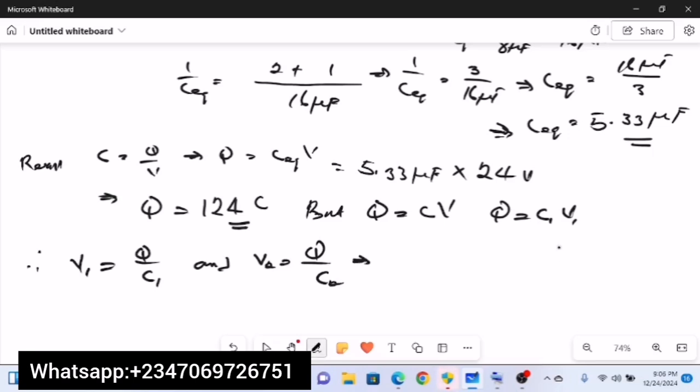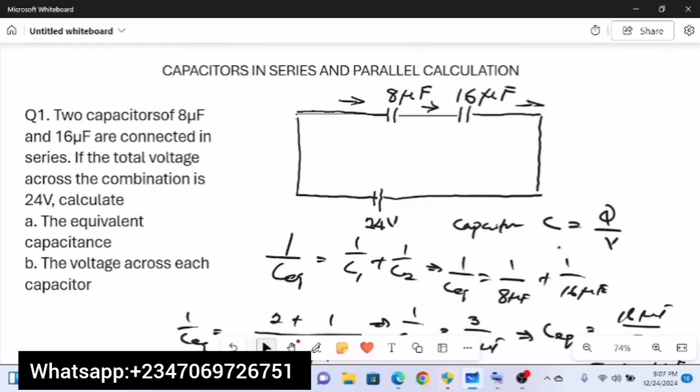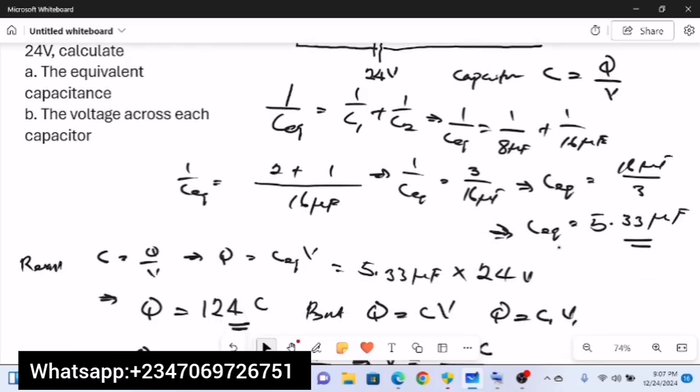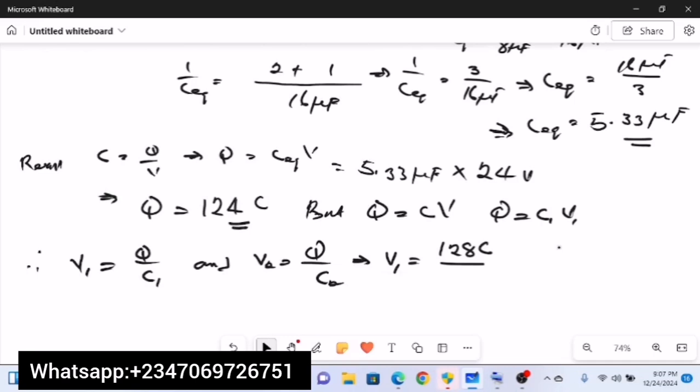This implies V1 is going to be equal to total charge. We had 128 coulombs, so 128 coulombs divided by the first capacitor, please. The very first capacitor is 8 microfarad, so divide by 8 microfarad.